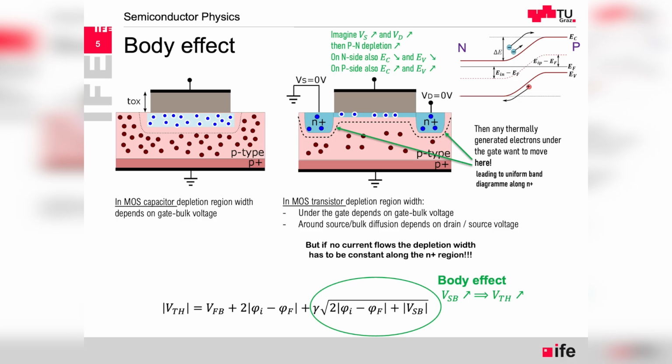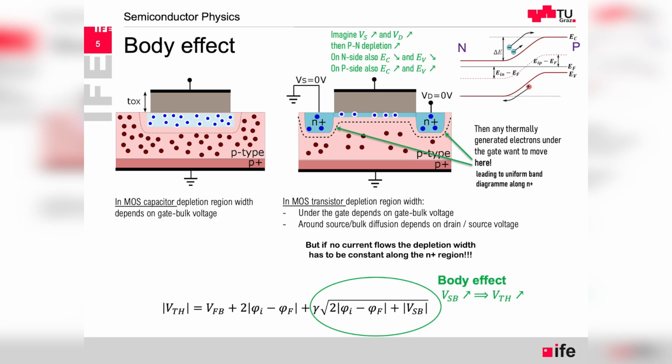Then all the electrons under the gate would look into the source side and say, hey, there is a lower energy level I can get to without much effort, and they would sweep down this energy slide, and all the electrons would try to get to the N+ source region. That will lead to equalizing of the energy level all along the channel, between drain, through under the gate, to the source.